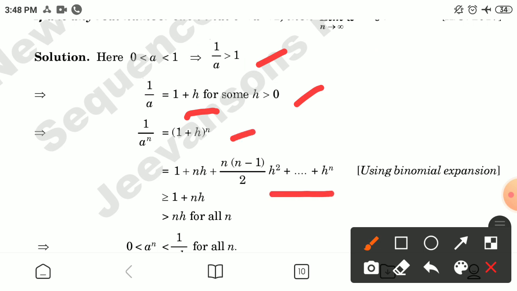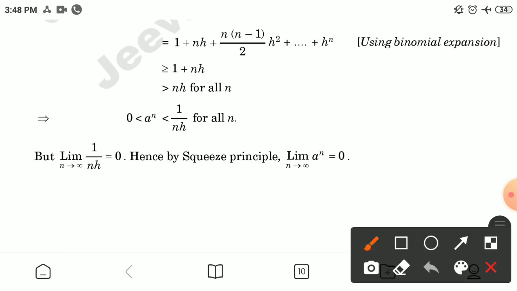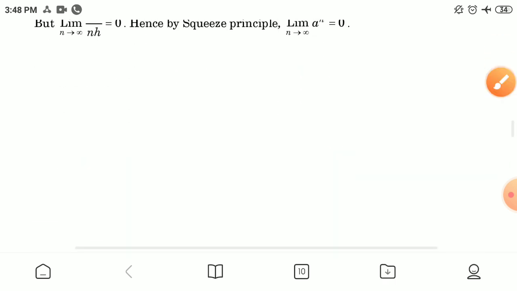By using binomial theorem and taking only two terms, we can say that this is also greater than nh for all n. That is, an is between 0 and 1 by nh for all n. But the limiting value of this is 0. By squeeze principle, we can say that this is equal to 0.